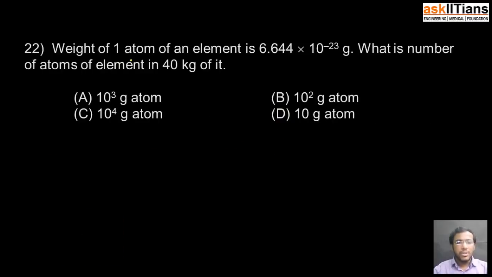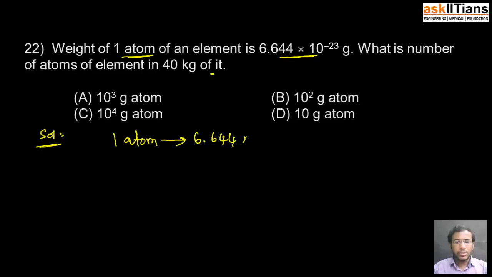This question: the weight of one atom of an element is 6.644 into 10 power minus 23 grams. What is the number of atoms of the element in 40 kg of it? So let's write what is given in the question. It is given that one atom of an element weighs 6.644 into 10 power minus 23 grams.